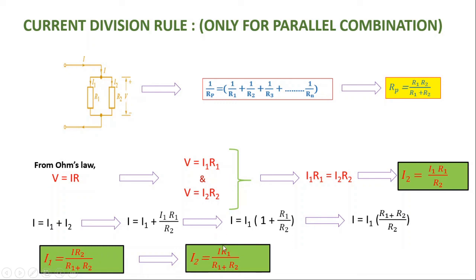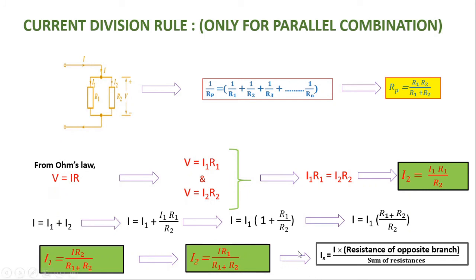So what can be concluded with respect to current division rule? One common analogy with respect to this is that Ix can be written as I into resistance of opposite branch divided by sum of resistances. So if you are finding I1, I is common, you'll be finding the current first, I into resistance of opposite branch. If you're finding with respect to R1, the resistance of opposite branch is R2. So you'll be writing R2 divided by R1 plus R2.